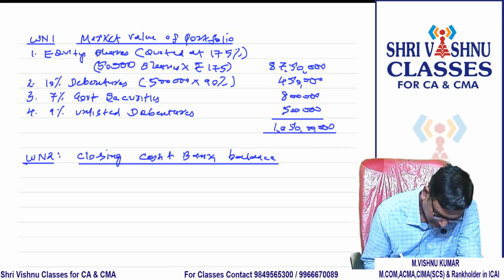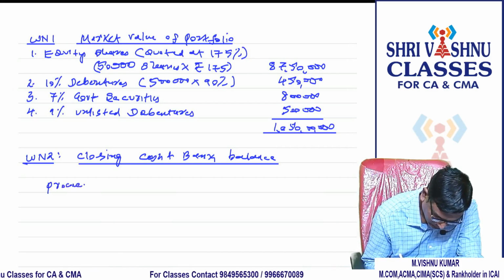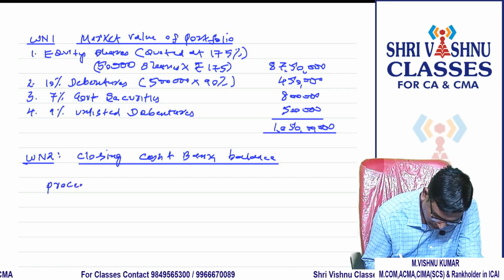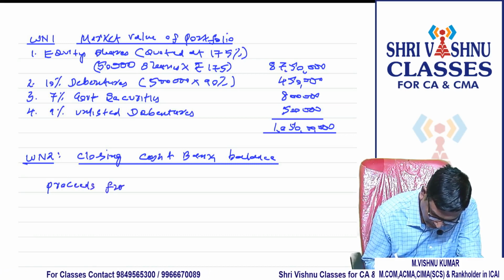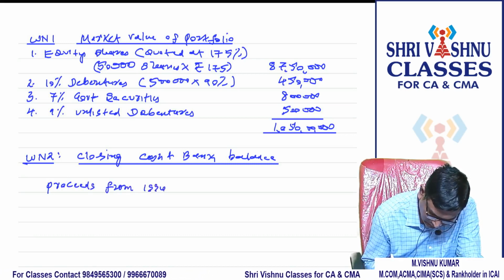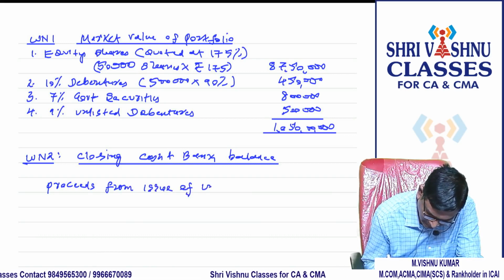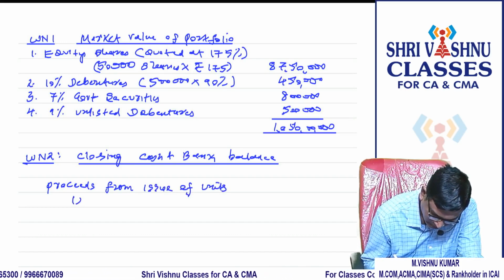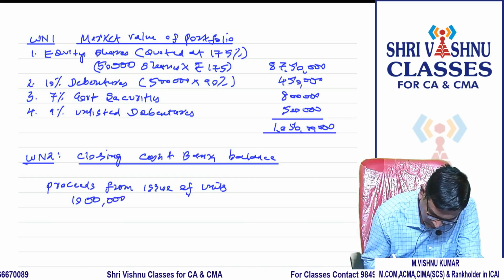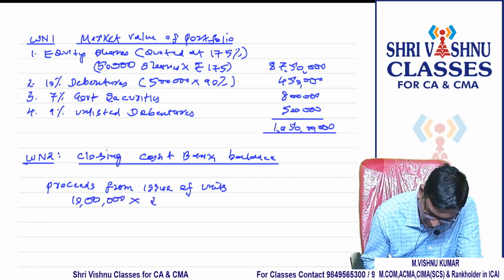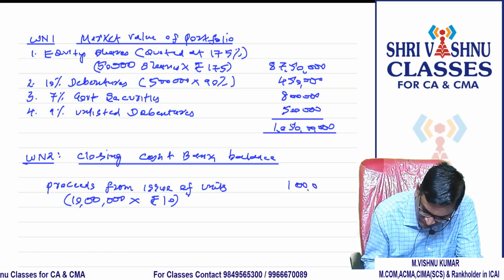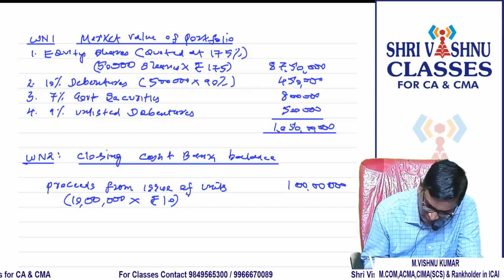First, proceeds from issue of units, ten lakh units into 10, 1 crore.